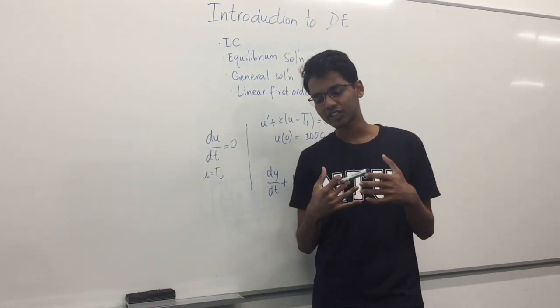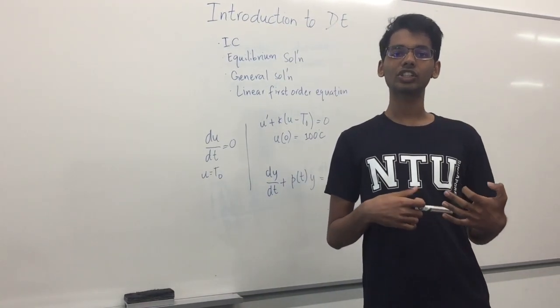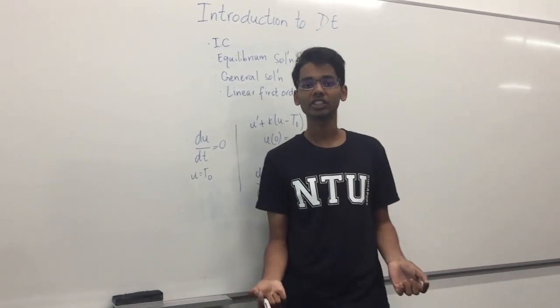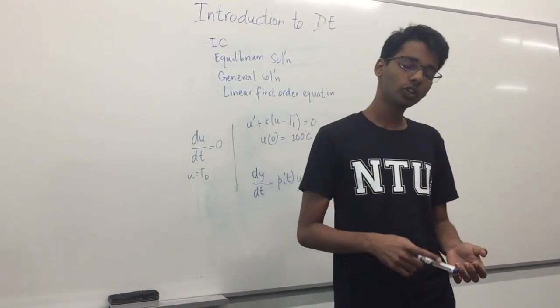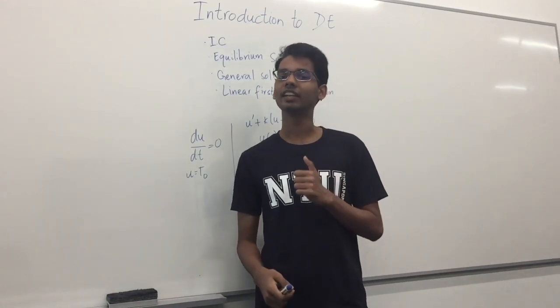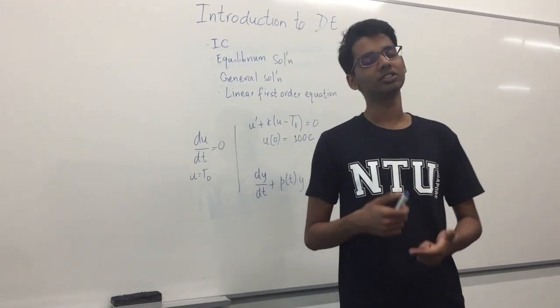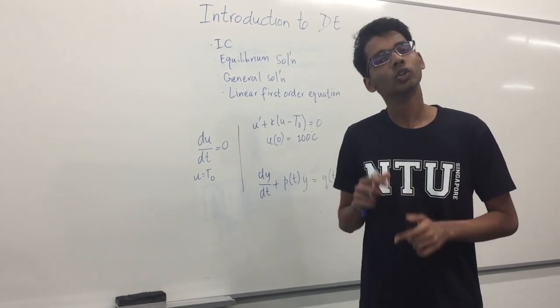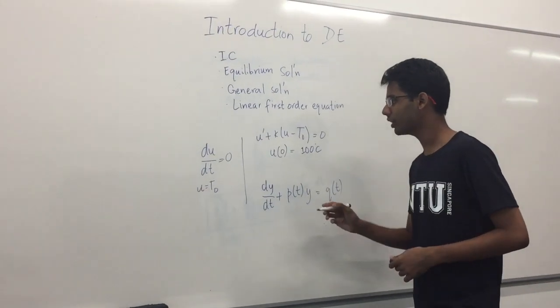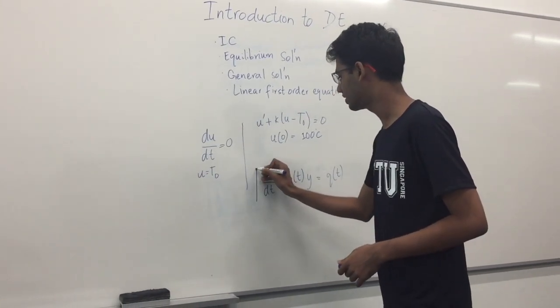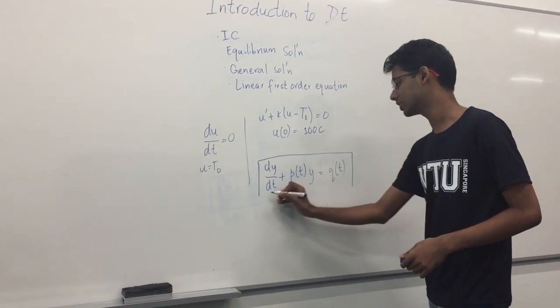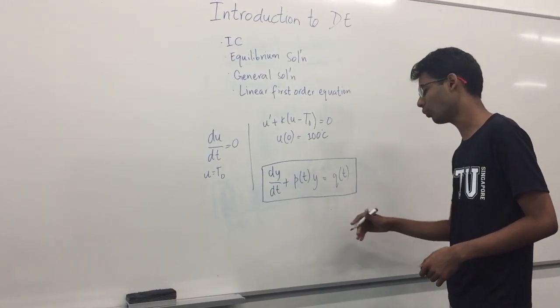Once we know all of this, we can get into what a differential equation actually is and how you write one. There are two types of differential equations: the linear differential equation and the non-linear differential equation. If you see any first order differential equation of this form, then you say it's a linear differential equation. Why is this linear?